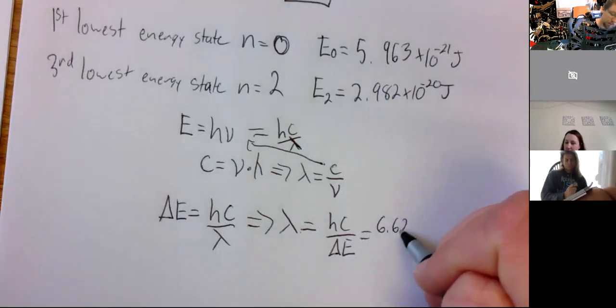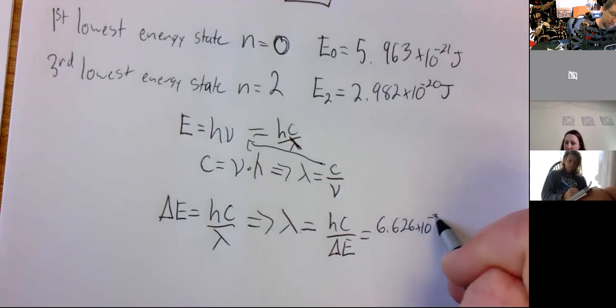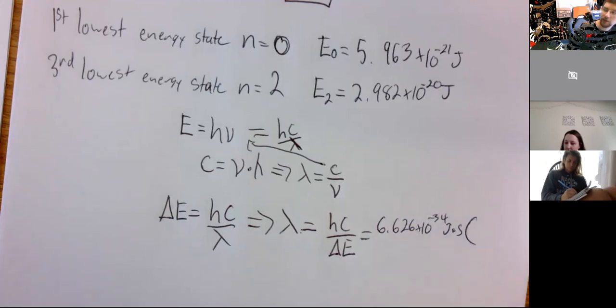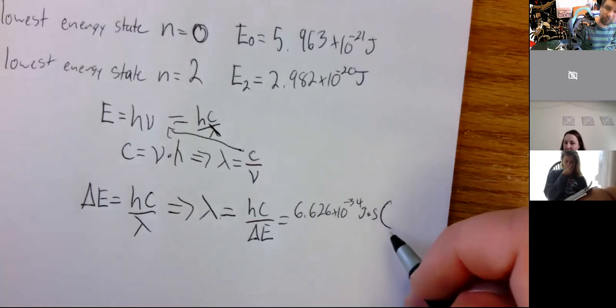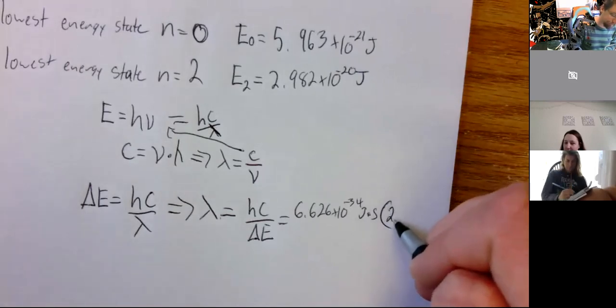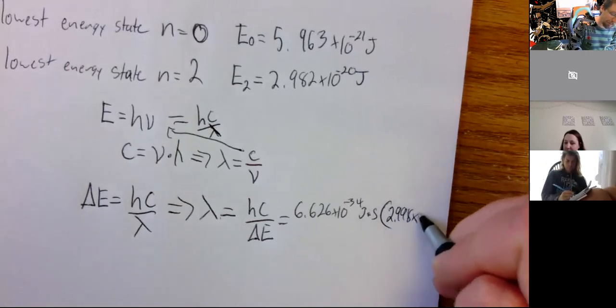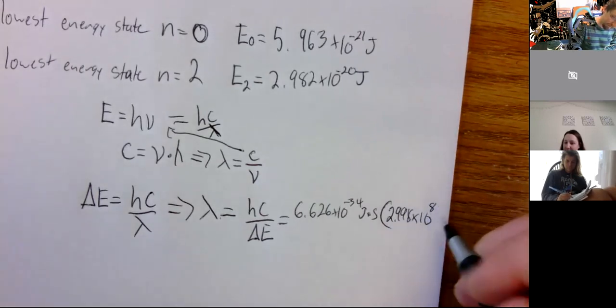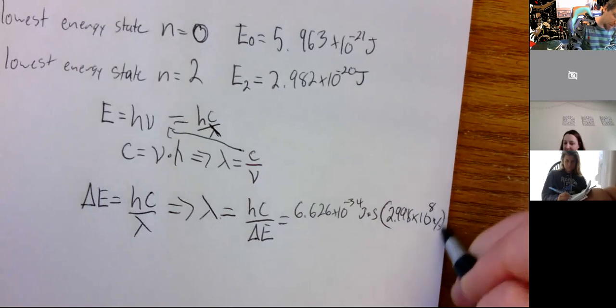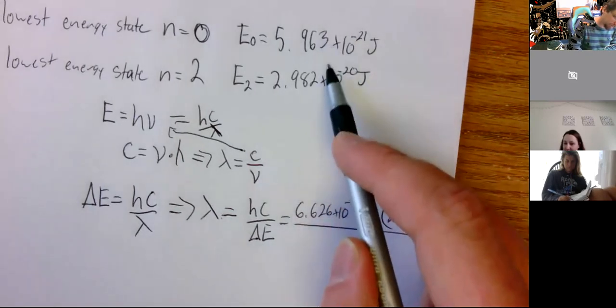We get 6.626 times 10 to the minus 34 joules times seconds. What's the value of the speed of light? 3 times 10 to the 8. Yeah, 2.998. I like that one a little bit better, more sig figs, works out better for us. Times 10 to the positive 8 meters per second, and divided by the difference in that energy.